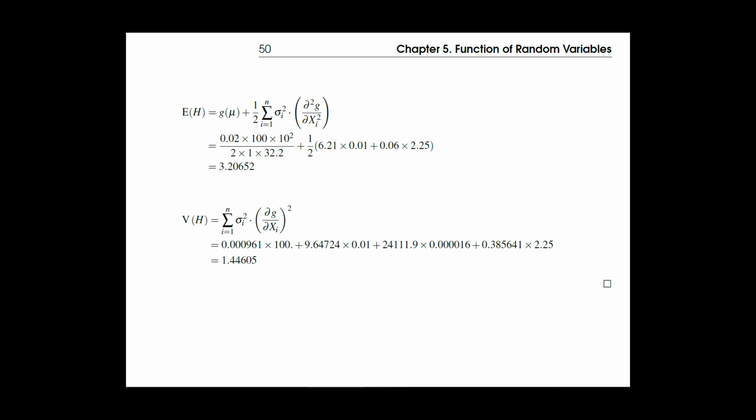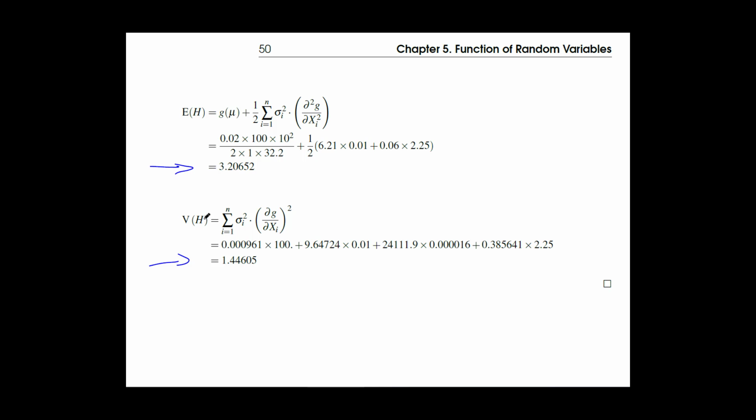Make sure you know how to go from the equation to these numbers based on the Hessian matrix. So here we have the mean and the variance. Again, second order approximation for the mean, first order approximation for the variance.